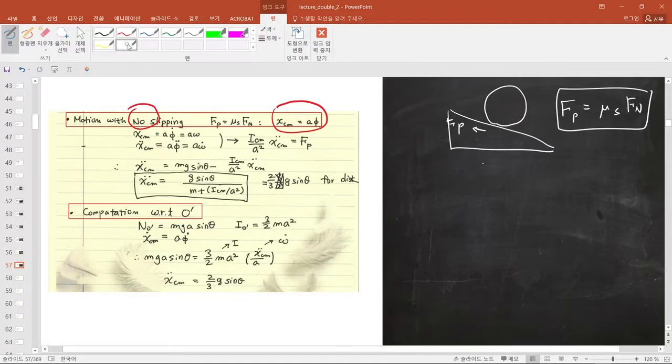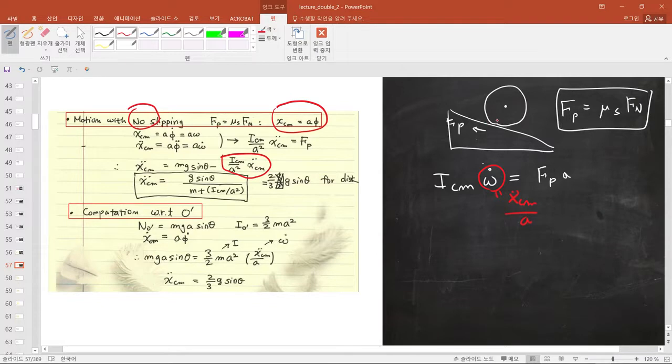From the torque equation, where we calculate everything in terms of the center of mass, I omega dot is equal to Fp a. So I times x double dot over a, divided by a, gives x double dot over a squared times I equals Fp. Therefore, m x double dot is equal to mg sine theta minus Fp.